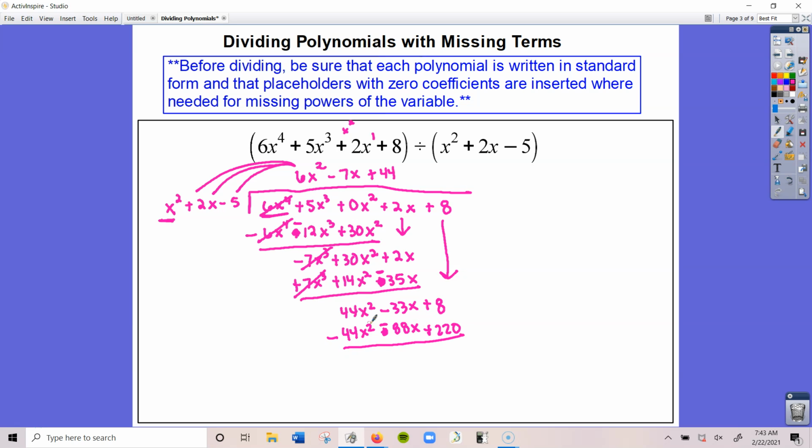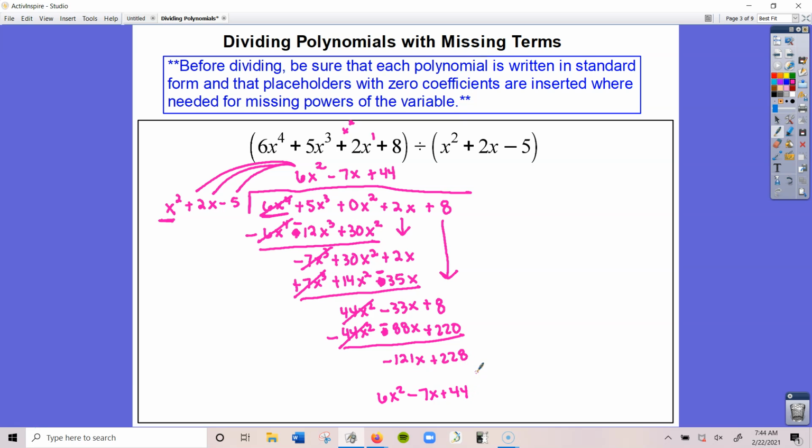My first terms here cancel. Negative 33x minus 88x is negative 121x. And then 8 plus 220 is plus 228. This is my remainder. So my final answer will be written as 6x squared minus 7x plus 44.